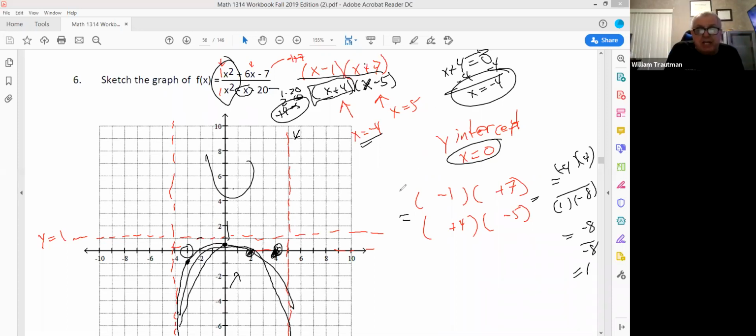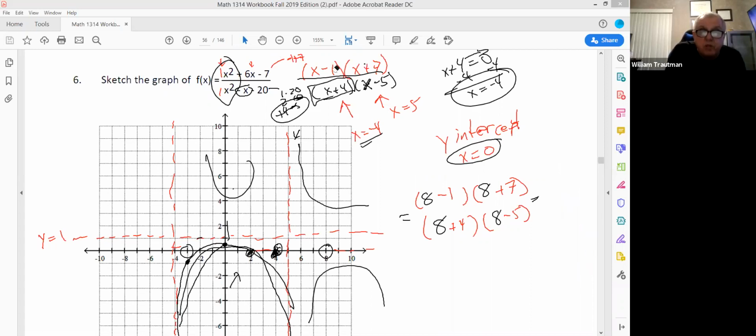Okay. So let's look at a test point 8, because the graph could be up here or the graph could be down here. Do you see? It could be either way. So if I put 8 into this problem, we'll know where the graph is. 8 minus 1 is 7, 8 plus 7 is 15, 8 plus 4 is 12, 8 minus 5 is 3. 7 times 15 is 105, divided by 36.